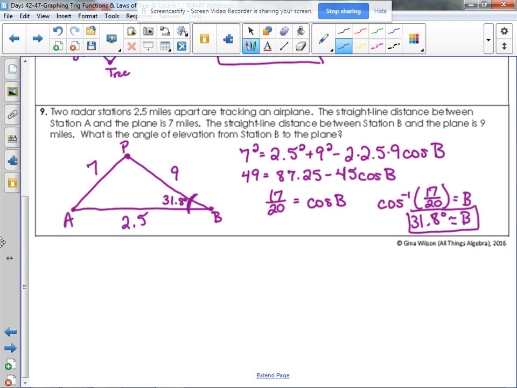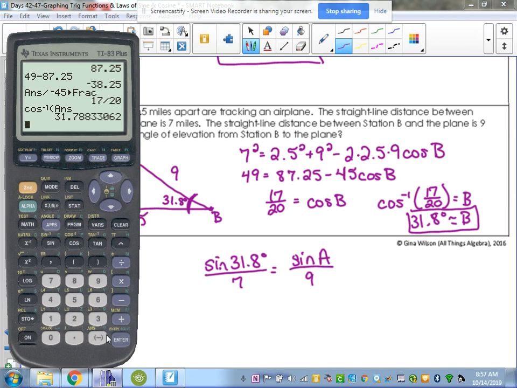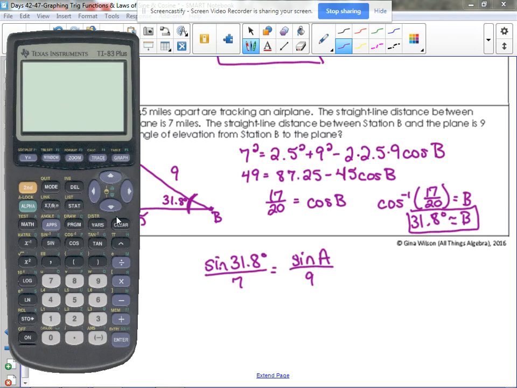So here's what I was talking about. At this point, you have enough information to use the law of sines. You could repeat the law of cosines, but it's a lot more involved than the law of sines. So why not just go ahead and use the law of sines to find that angle at A?